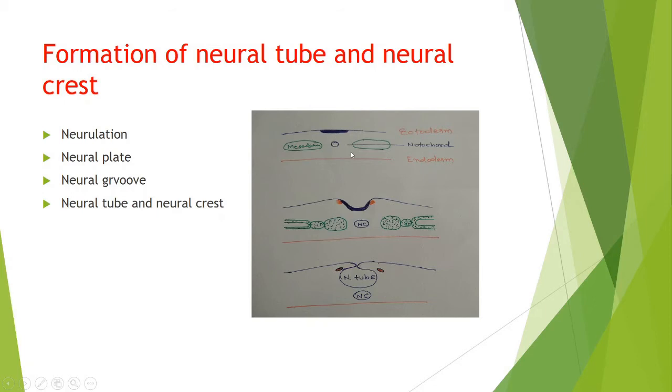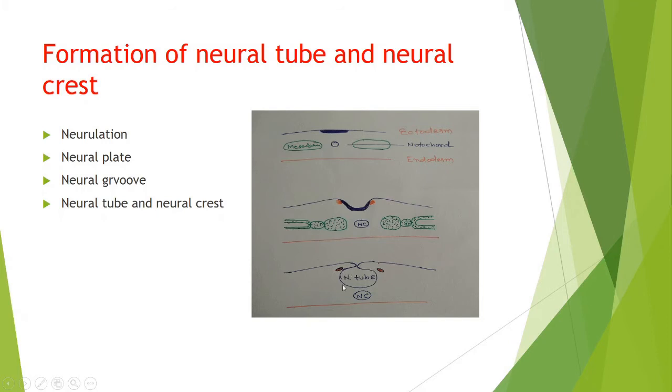Then this plate is depressed inside, and in this way it makes a groove known as the neural groove. Now the neural plate is converted into a neural groove. Now both ends of this neural groove come near to each other and fuse, and in this way this groove is converted into a neural tube.